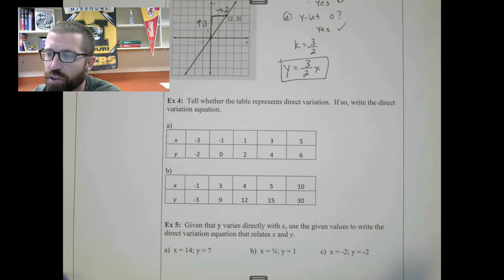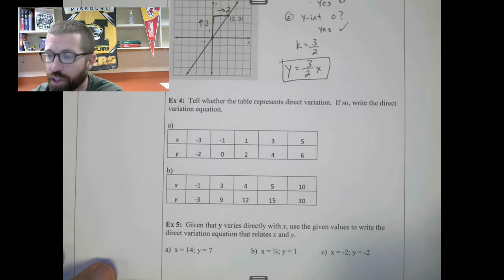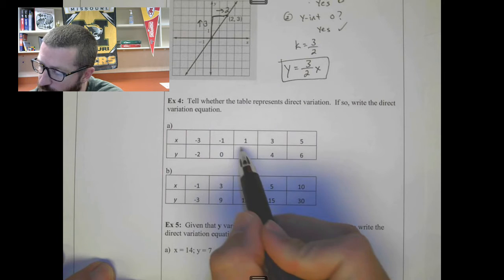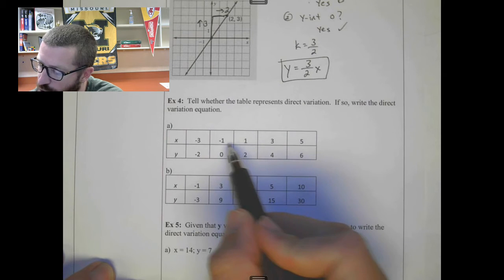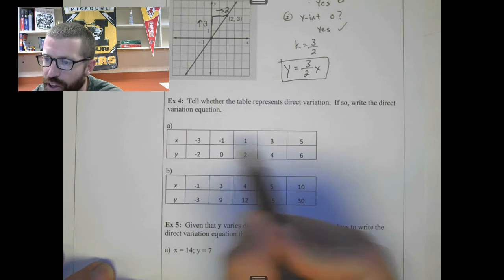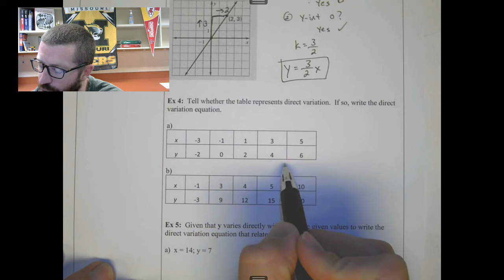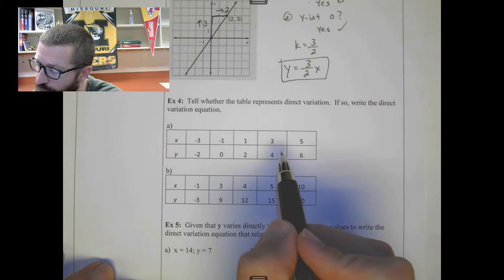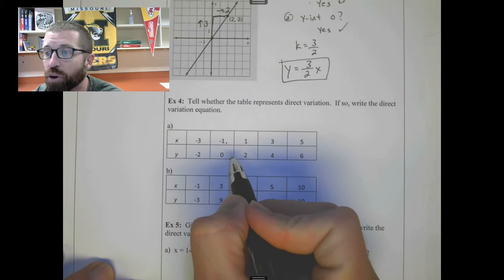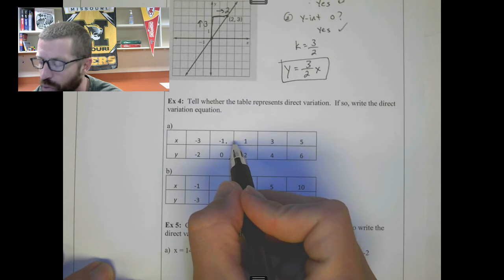Okay, so let's see if we have direct variation or not. We'll use the same test. So first, is this a line? It looks like a line because every single time the x value increases by 2, the y value is moving the same amount as well. However, when I plug in -1, I get the y value, but I don't know the value at 0 yet, so we have to figure out what it is.